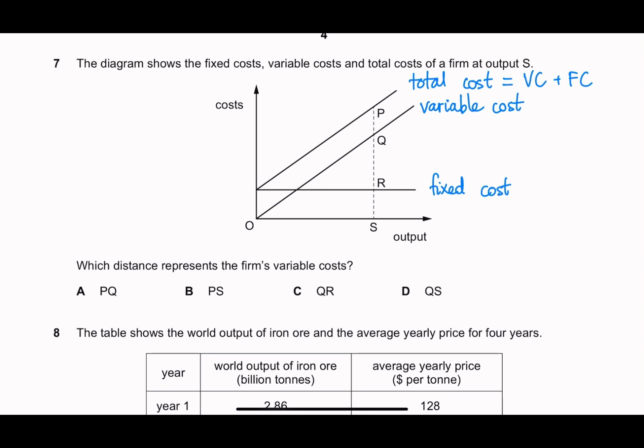So they ask which distance represents the firm's variable cost. So we have the variable cost added to the fixed cost.